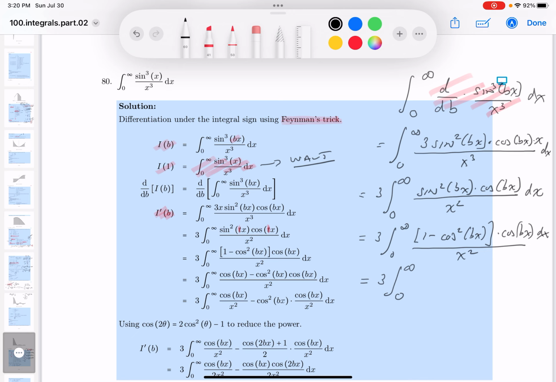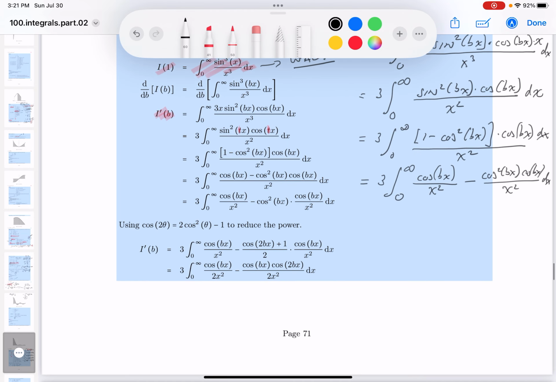I would get cosine bx over x squared minus cosine squared bx cosine bx over x squared dx. All right, what do you do now?